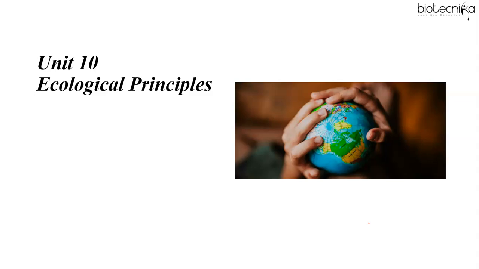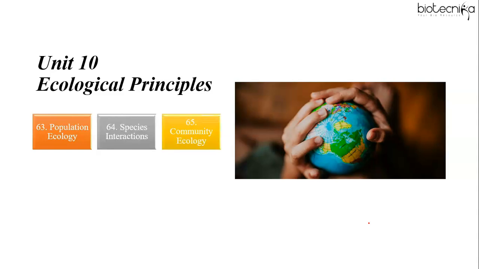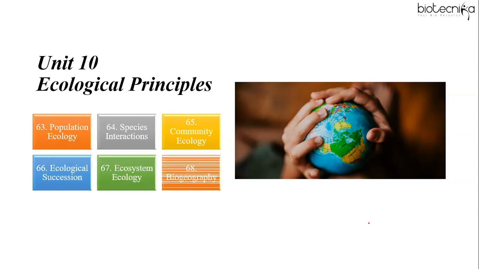Then another unit is Unit 10, which is about ecological principles, and this unit is again very important in scoring. From this unit you can begin your preparation with population ecology, species interactions, community ecology, ecological succession, ecosystem ecology, biogeography, and ecological rules.